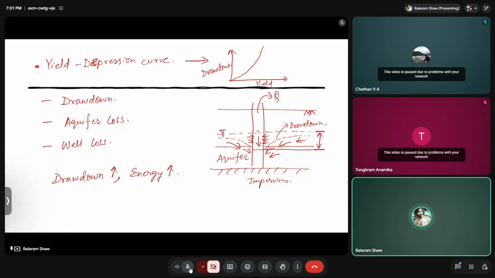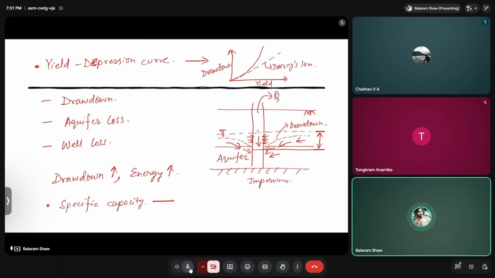In this we talk about something called specific capacity. Specific capacity is generally an index to understand transmissivity. We have talked about transmissivity before in the earlier slides. We write T equals KB, right? Remember, for confined aquifers and so on. It also serves as a parameter of the yielding capacity of an aquifer well.